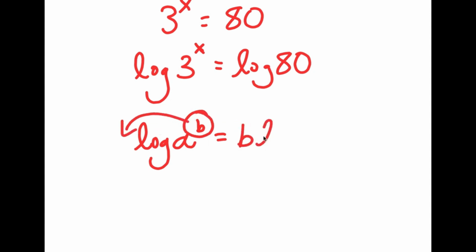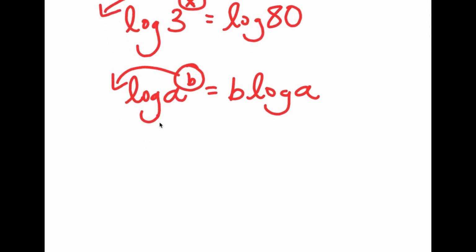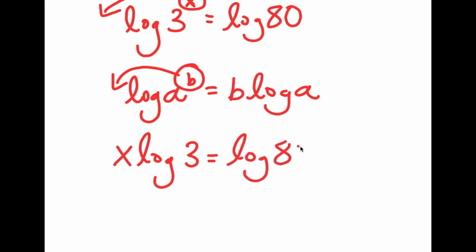So this is going to equal b times log a. So in this case, I have log 3 to the power of x, and I can move x to the front. So now I have x times log 3 is equal to log 80.